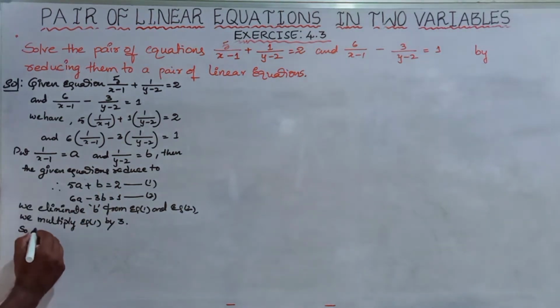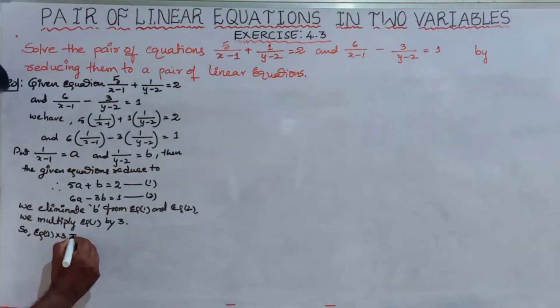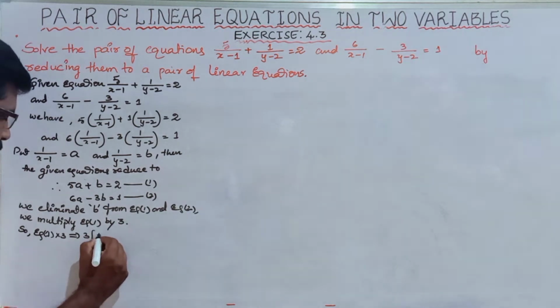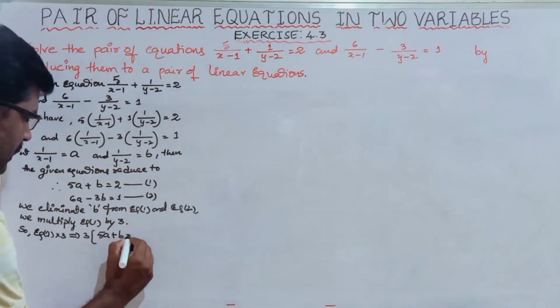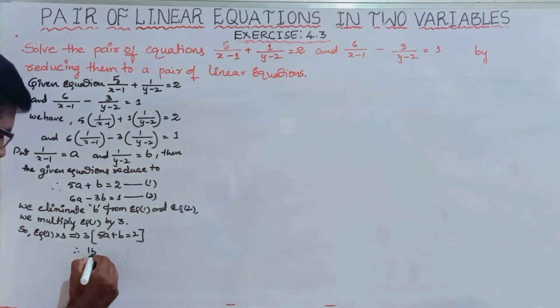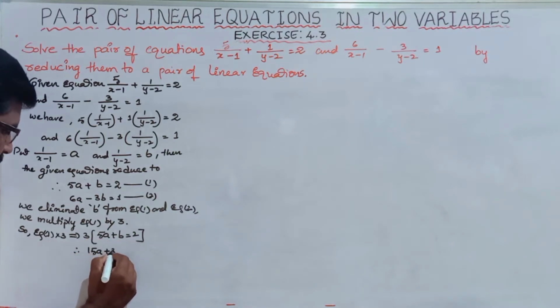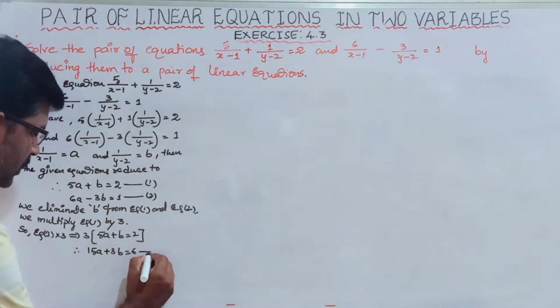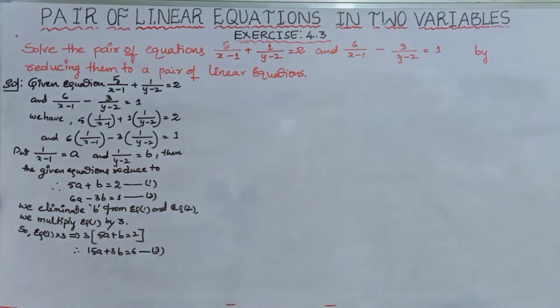So, equation 1 into 3 implies 3 into (5a plus b) is equal to 3 into 2. Therefore, 15a plus 3b is equal to 6, equation 3.